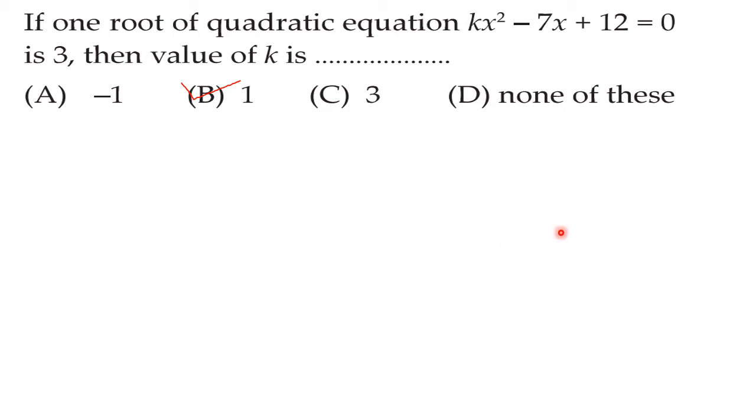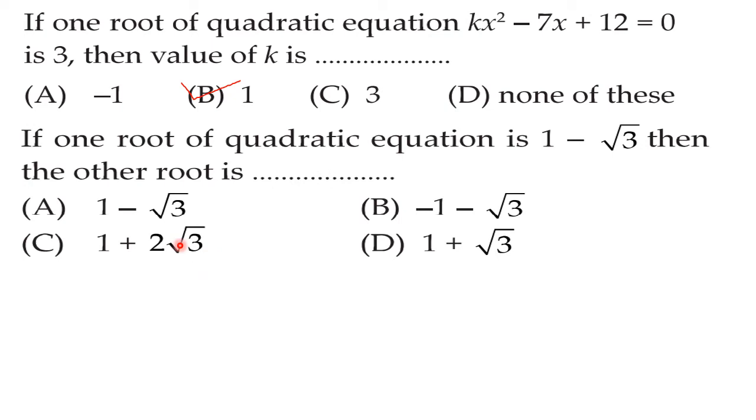Okay, let's go ahead. If one root of a quadratic equation is 1 minus root 3, then the other root is. Now see, when we saw the formula method, we saw that for every quadratic equation we are getting two roots, alpha and beta, and they are a conjugate pair of each other. Conjugate pair you have learned in 9th standard.